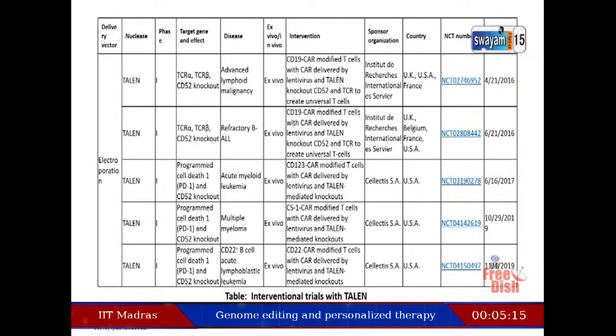This table shows you mostly about TALEN technology being used, and target genes and effects like TCR alpha, beta, CD52 knockout, and the PD1 and CD52 knockout. We have discussed at length about this PD1 earlier, and most of these fall into the ex vivo method, and you can see these are being conducted by multiple countries: UK, USA, France, Belgium.